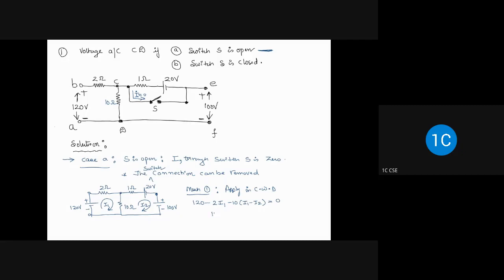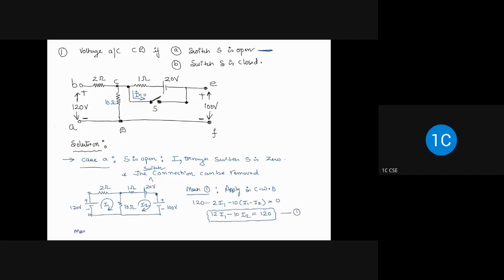You should get 12 I1, the sum of the resistors, minus the mutual resistance into the current I2, is equal to 120. Okay, so that's my first equation.